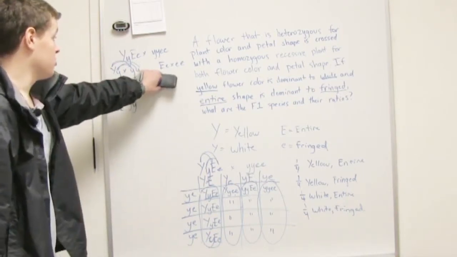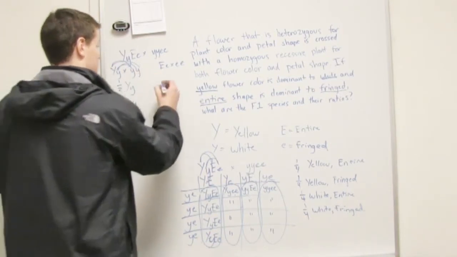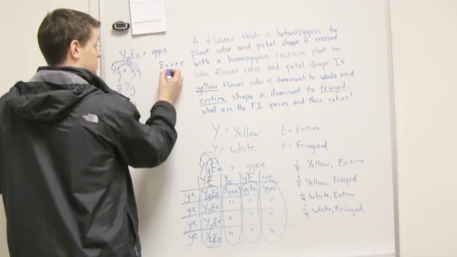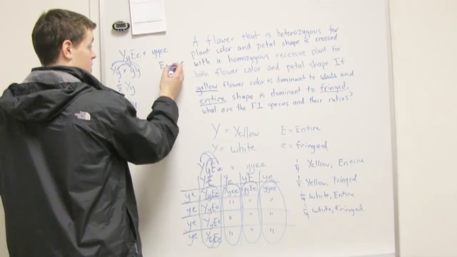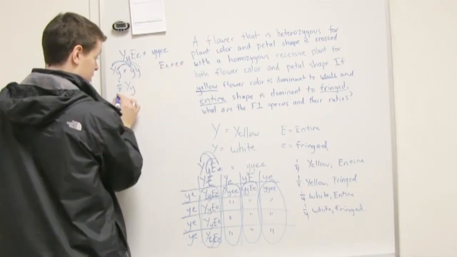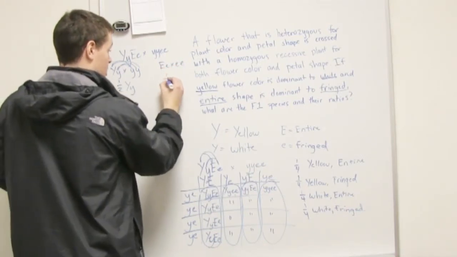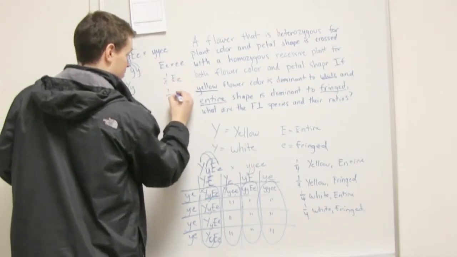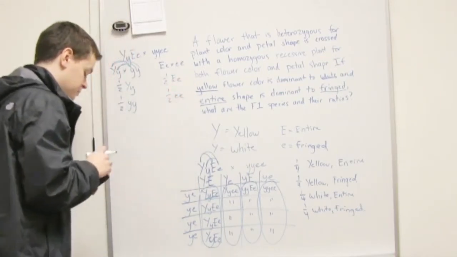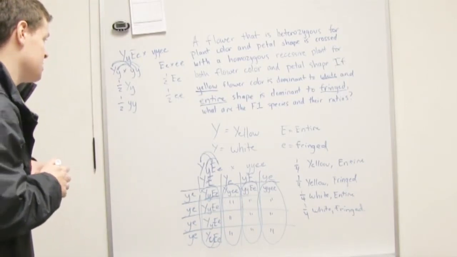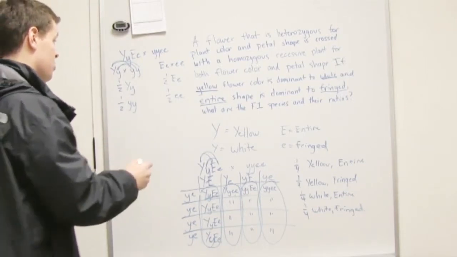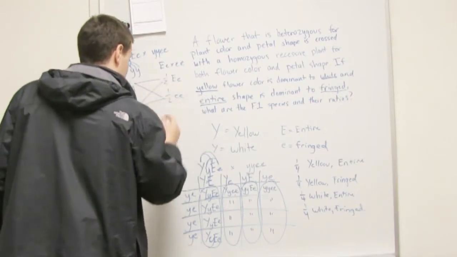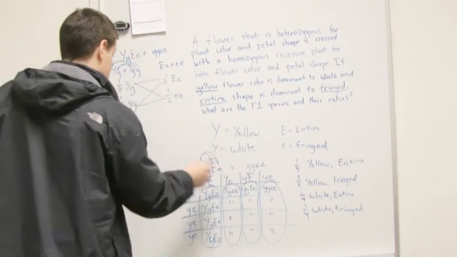And in this example, we have the same type of deal. We've got heterozygous crossing with homozygous recessive, and that'll give us the same ratios. So you have 1/2 capital E lowercase e, 1/2 homozygous recessive. Now to find the ratio between these, what you do is you cross each of these. And that'll give us the same answer as this.